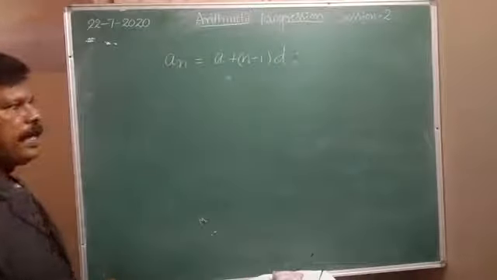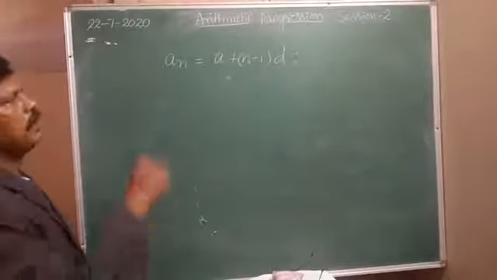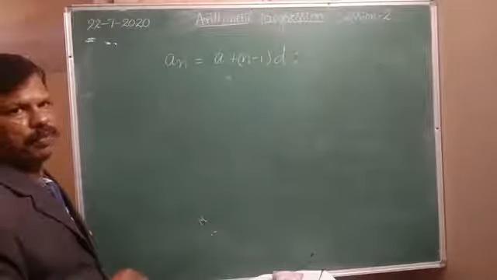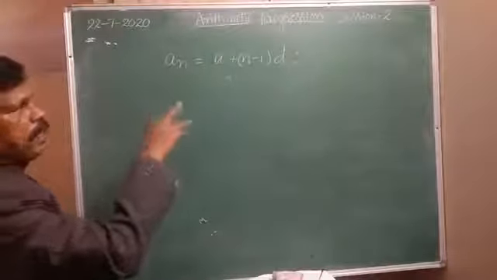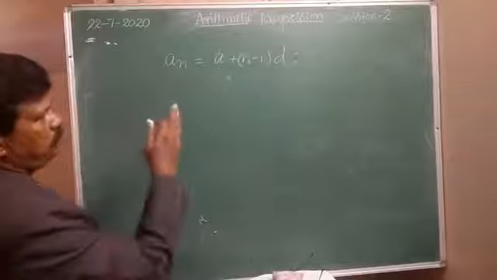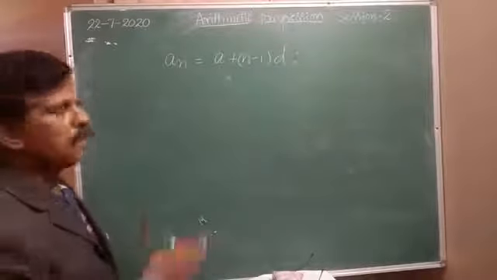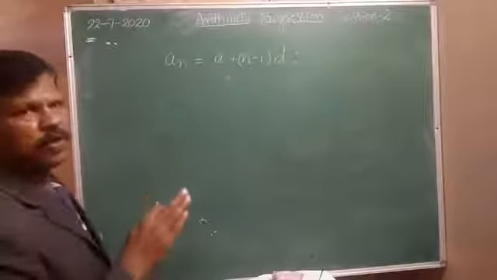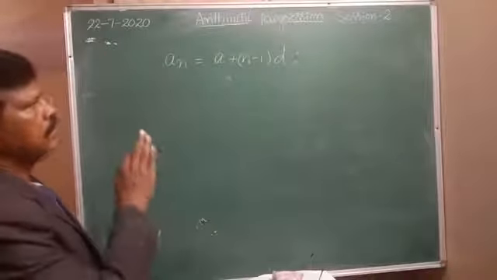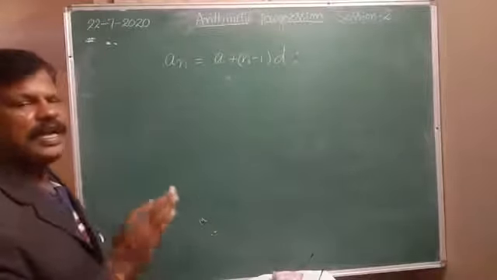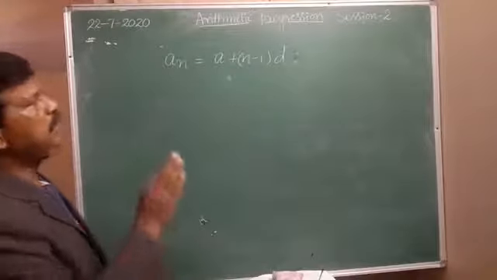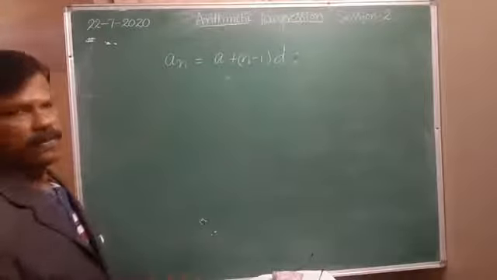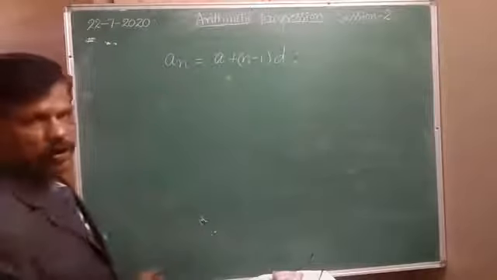This is the nth term of an AP, arithmetic progression. You know the definition: the set of numbers which are written according to some rule, where the common difference between any two consecutive terms is a constant. That is called an arithmetic progression.